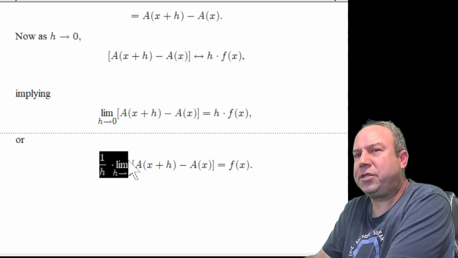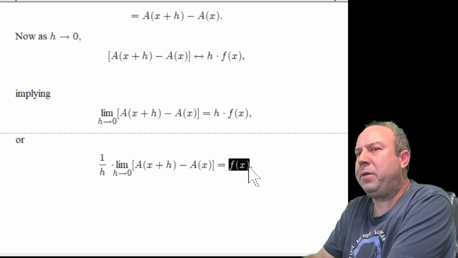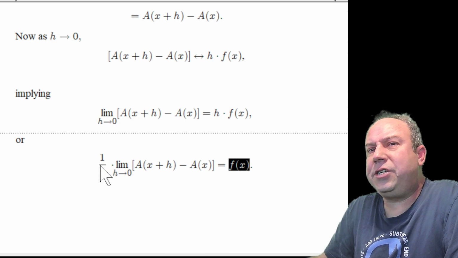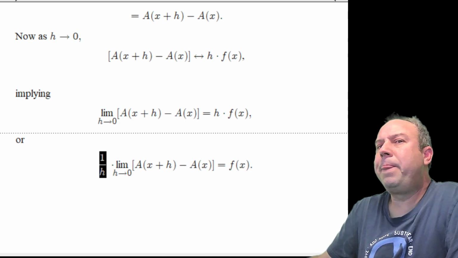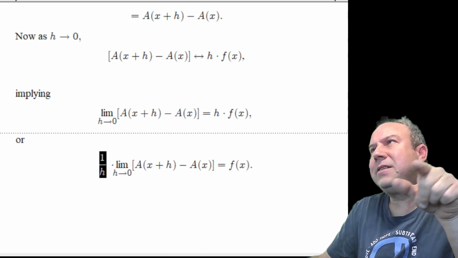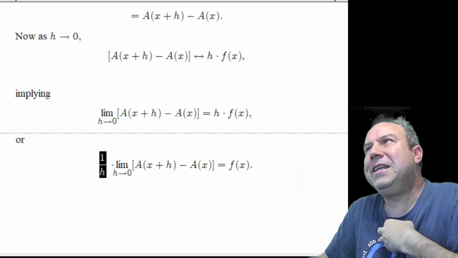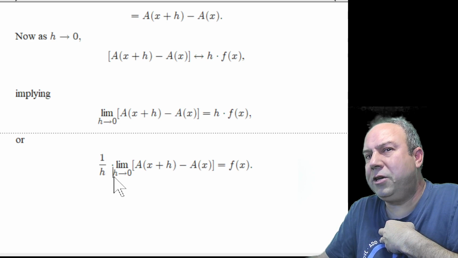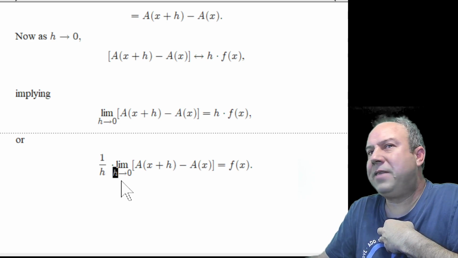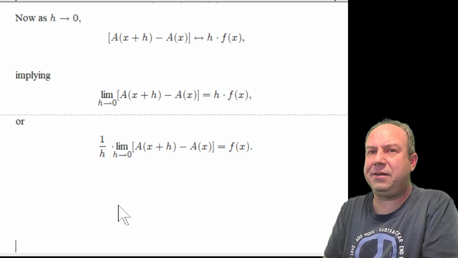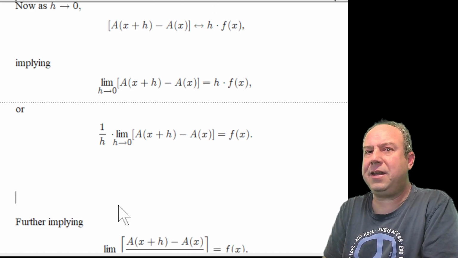1 over h times the limit will end up equaling f of x, where that value 1 over h on the left-hand side is not allowed to be out there as a constant multiple. It is actually the argument of h that is inside the limit, so it needs to be brought into the limit. It can't hang outside there.